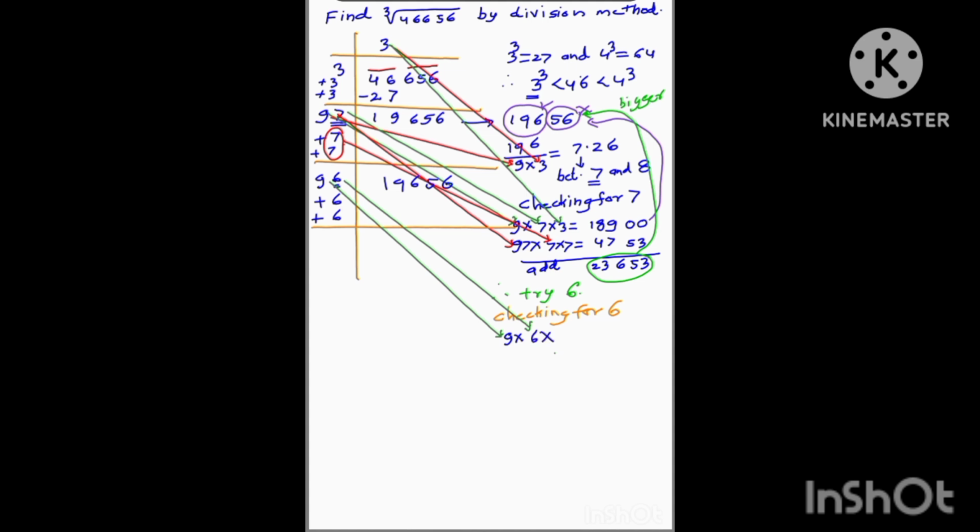So 9 into 6 into 3, we carry out this multiplication and the number is 162, and add two more zeros just to compensate the last two digits which we have neglected. And again the same thing, we have added 6 plus 6, so we will again take 96 into 6 into 6, very easy now.